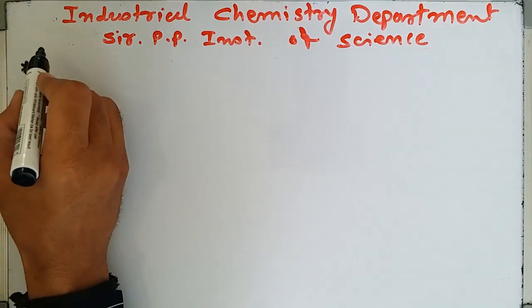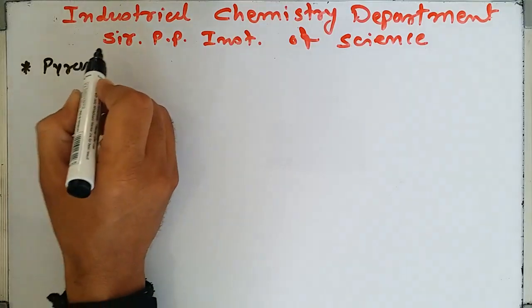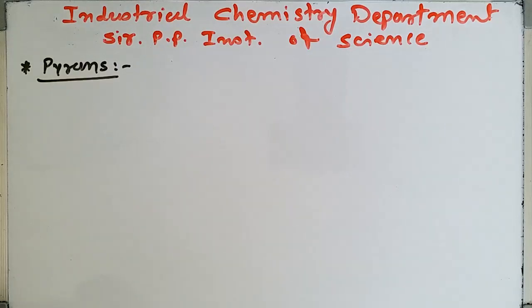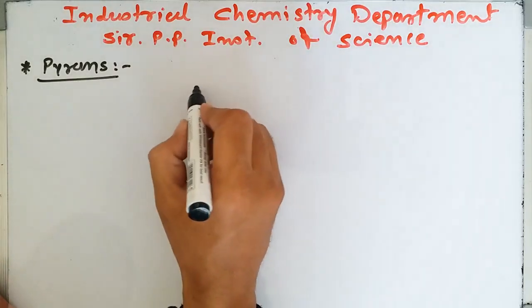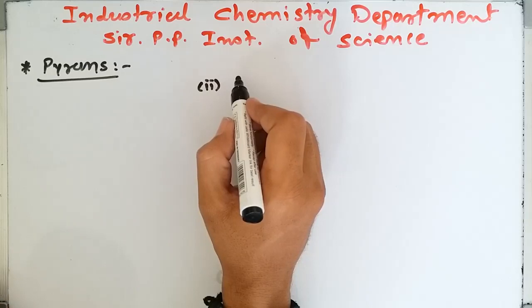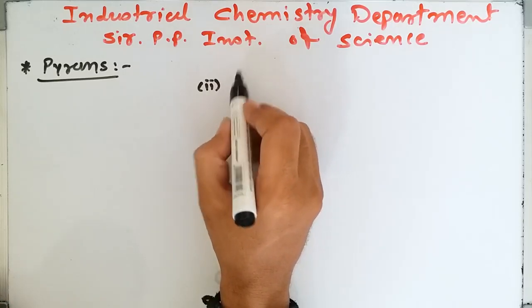One heading is pyran. Second important six-member ring heterocyclic compound is pyrylium salt.